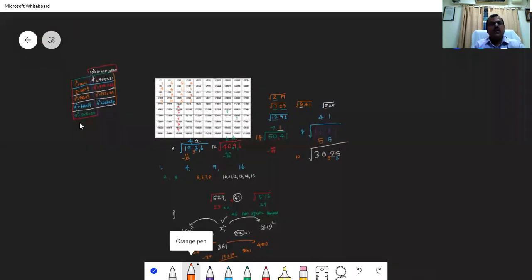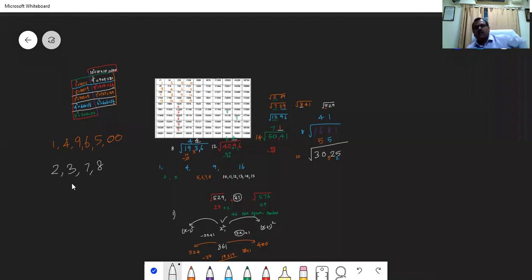The square numbers always end with what? 1, 4, 9, 6, 5, 00. These are the possibilities to end. Square numbers always end with these digits only. Square numbers never end with 2, 3, 7, 8.